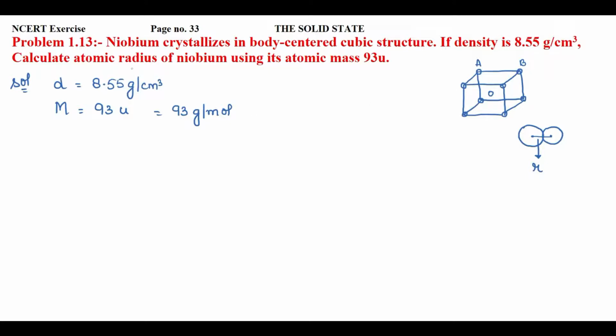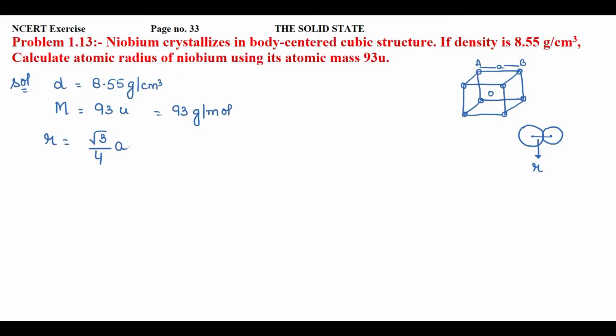To find the atomic radius, you have to use the formula R equal to root 3 by 4 a. That means the relation between radius of an atom and edge length of the unit cell. We are not having the value of a, so first of all, we'll find the value of a.